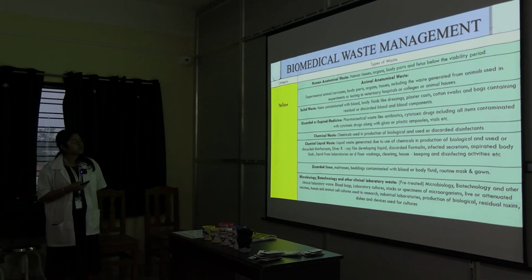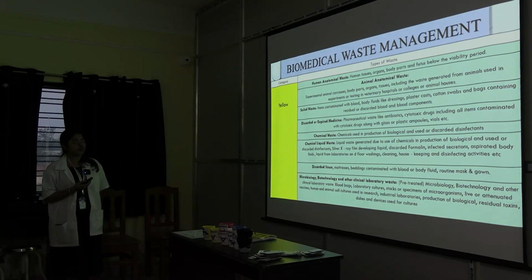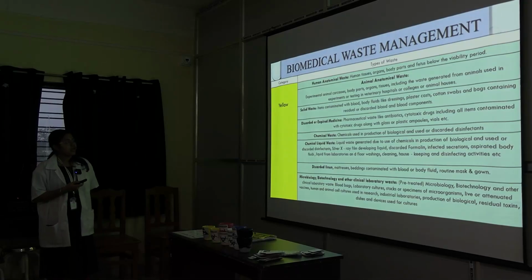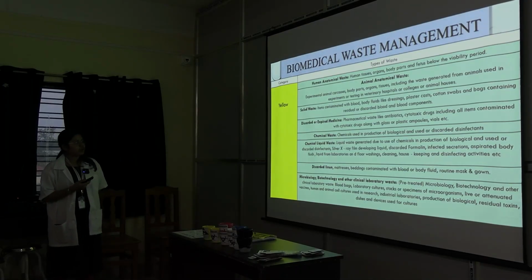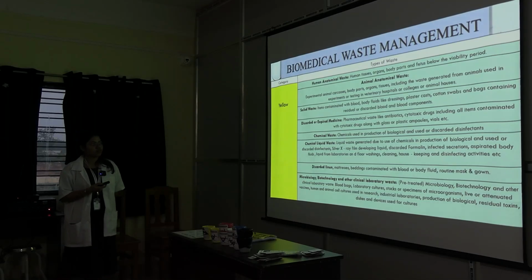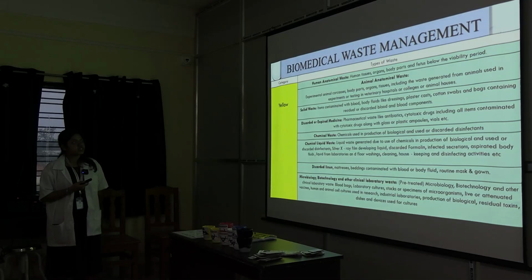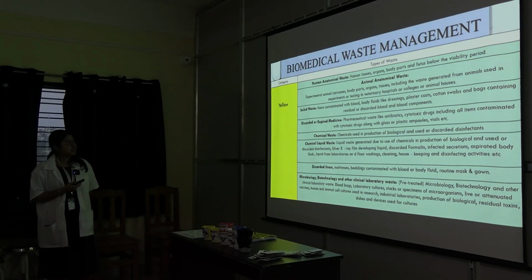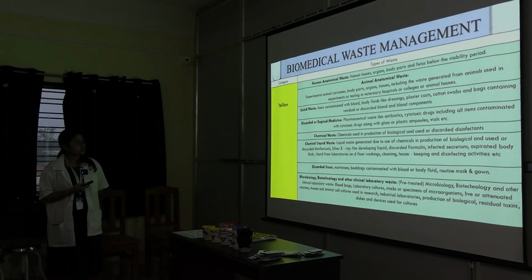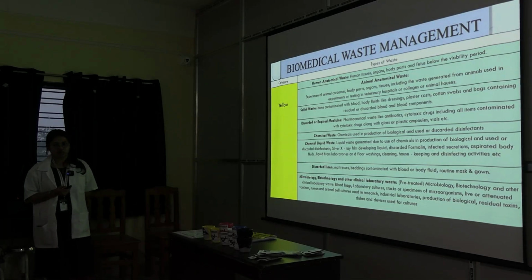In yellow we will be throwing human anatomical waste like human tissues, organs, body parts, fetus, animal anatomical waste, soiled waste, that is items contaminated with blood, body fluids, cotton swabs, bags containing residual or discarded blood and blood components, discarded or expired medicines. Cytotoxic drugs, including all items contaminated with cytotoxic drugs, are also kept in the yellow bin.